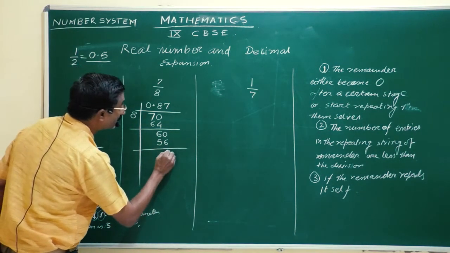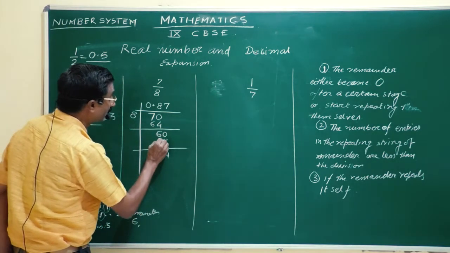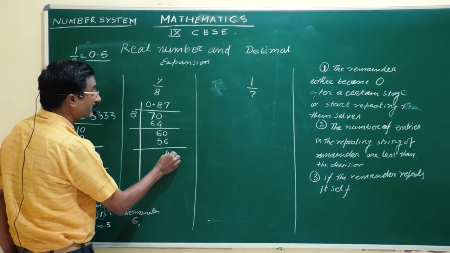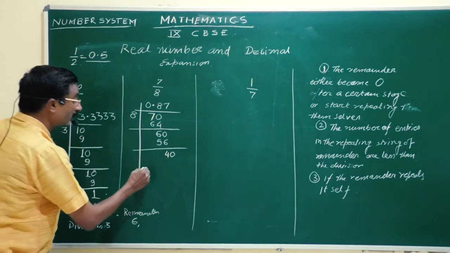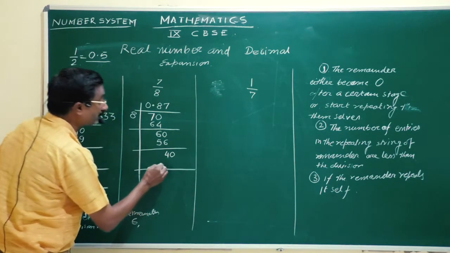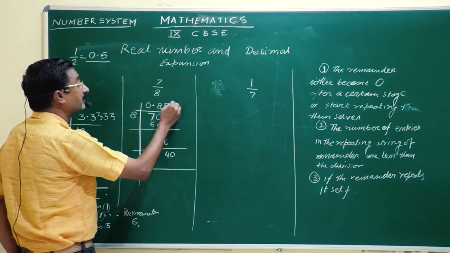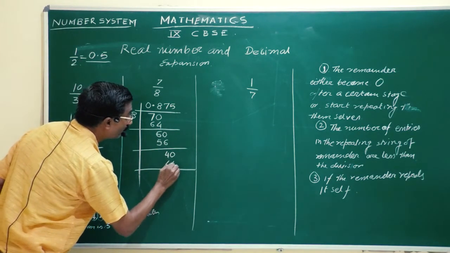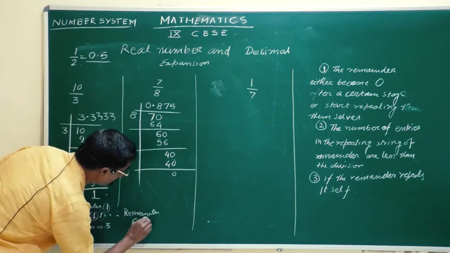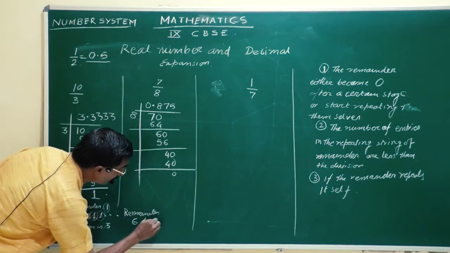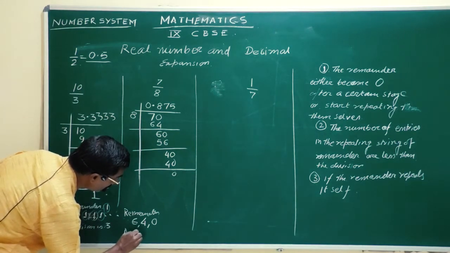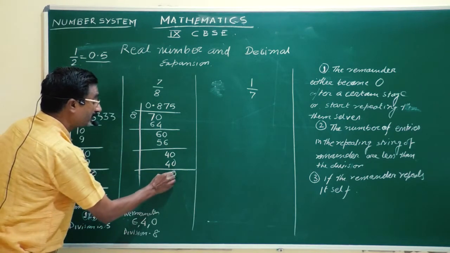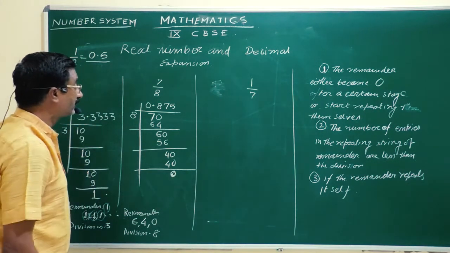So this is again 4. Okay. So now here this is 0. 8 5s are 40. So this is 0. Second time remainder is 4 and the third time remainder is 0. Here divisor is 8. So here you can see that the remainder is 0.